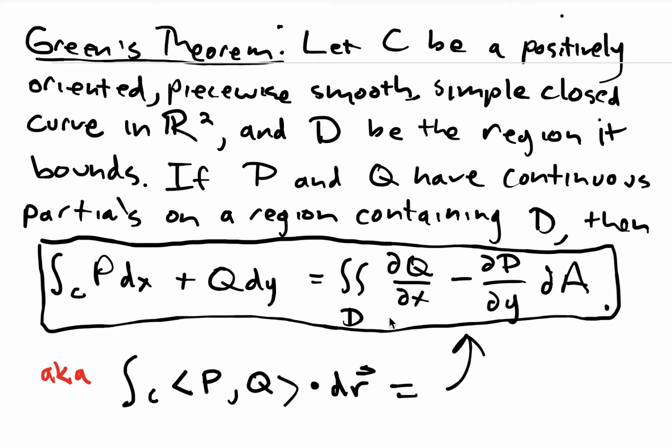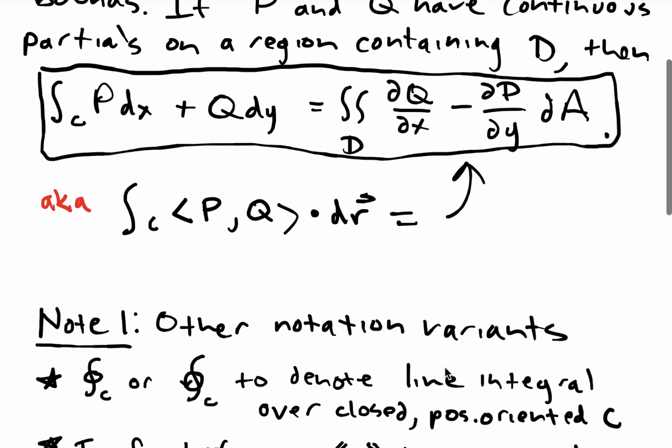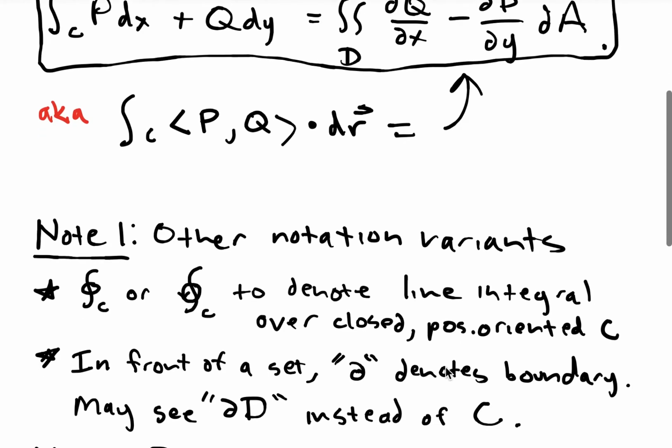Before I jump into how to use this theorem, examples, or why it works, I'll get a couple of small things out of the way first. First off, I'm going to mention some notational variants. In this section, you're potentially going to start seeing symbols that look like this or this.